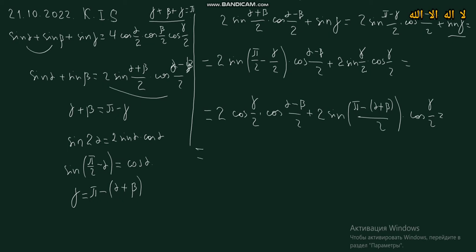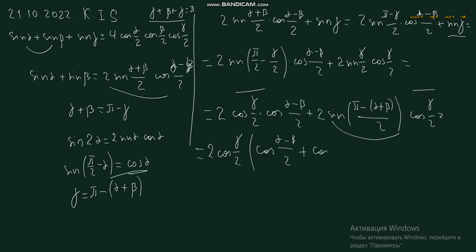And I may factorize this expression and find 2 cosine of gamma over 2 as the common factor. So I have cosine of alpha minus beta over 2 plus, instead of sine of pi minus alpha plus beta over 2, according to the reduction formula, cosine of alpha plus beta over 2.